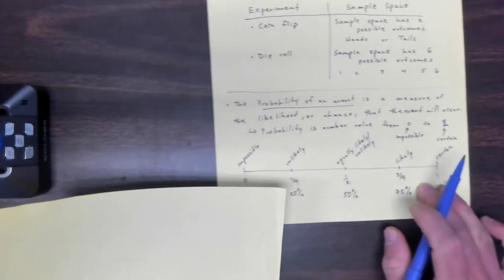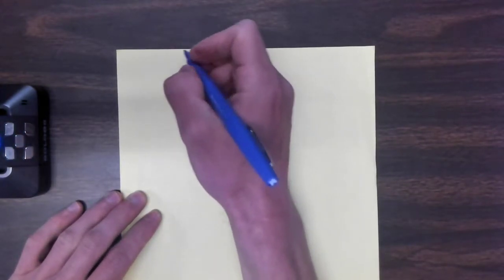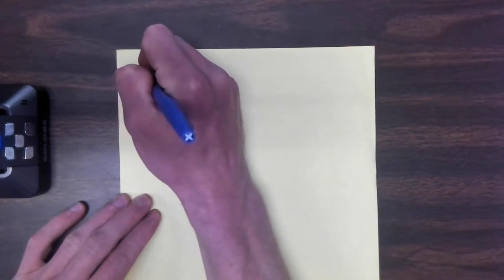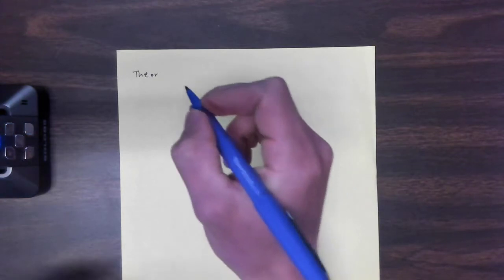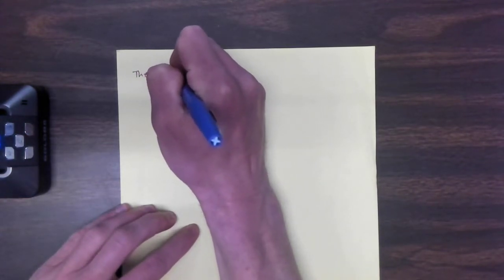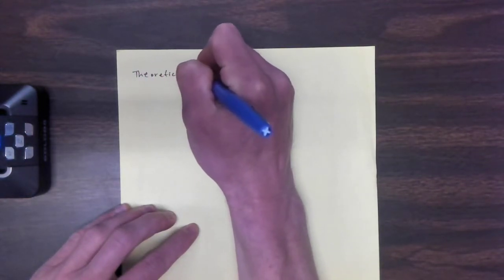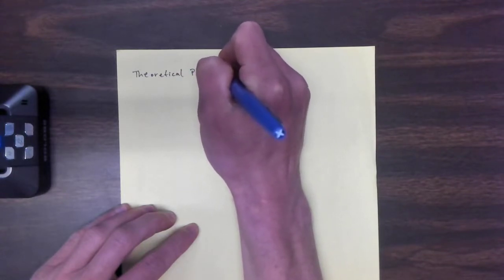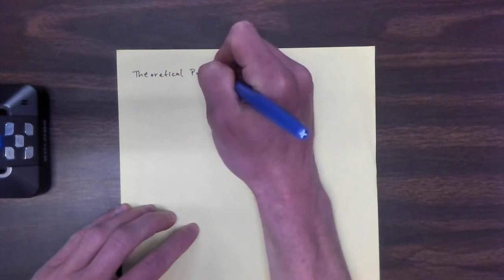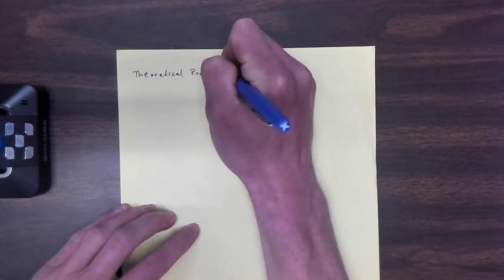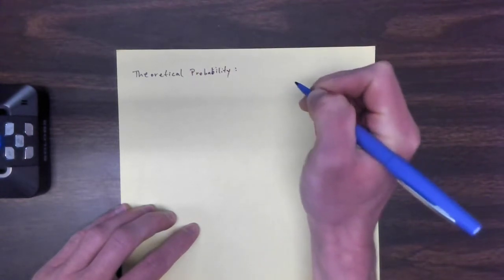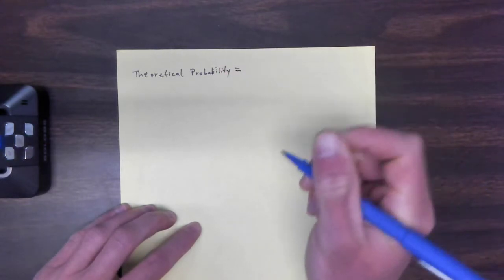Now, we have one more little sheet to go through, and this one, let's just start with a big, important definition for theoretical probability. Okay, and actually this is more of an equation.